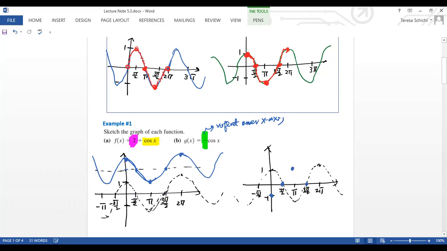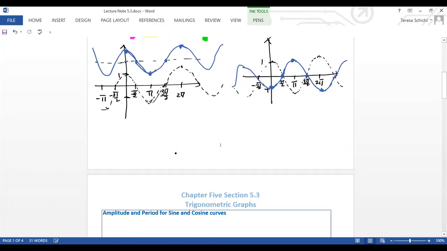This is still 0. The 1 is going to go back to here. So now my function is reflected, and it's going to go like this. This is my function, and you continue. That's what we call a reflection over the x-axis.